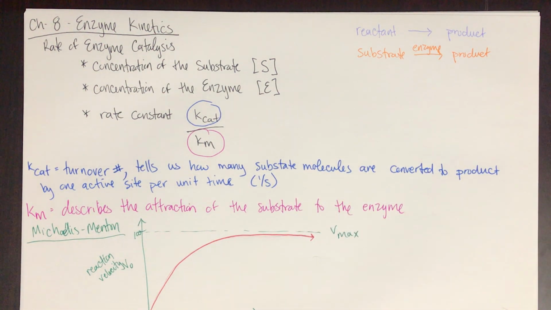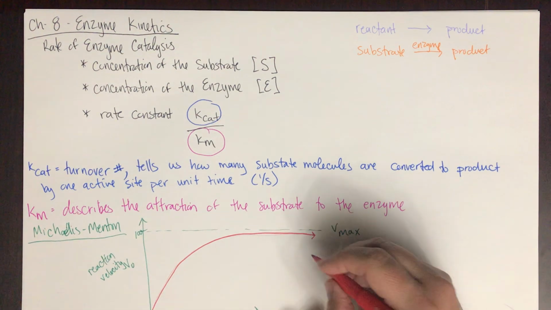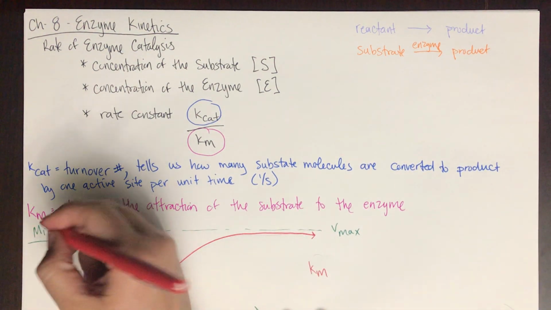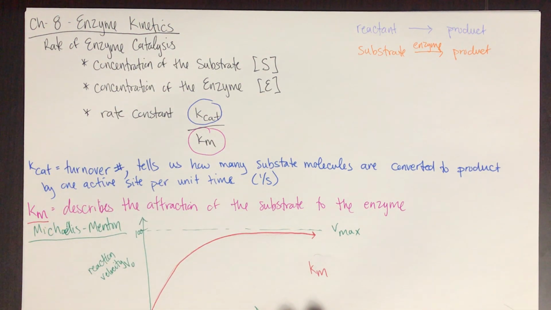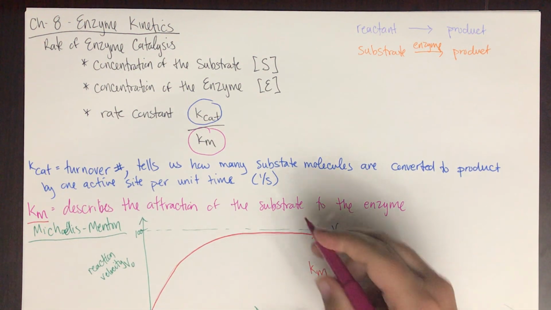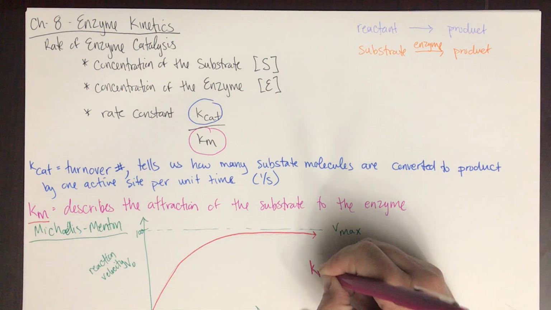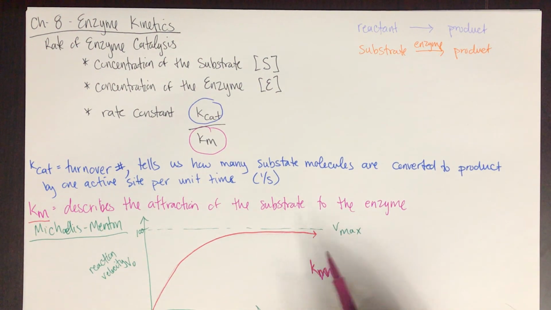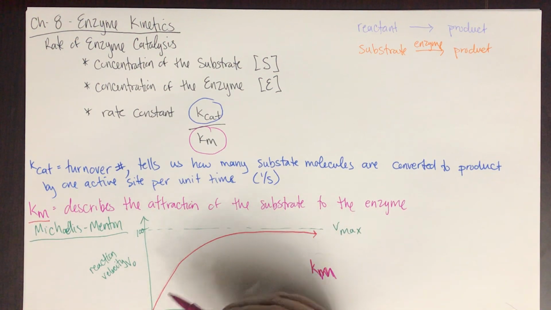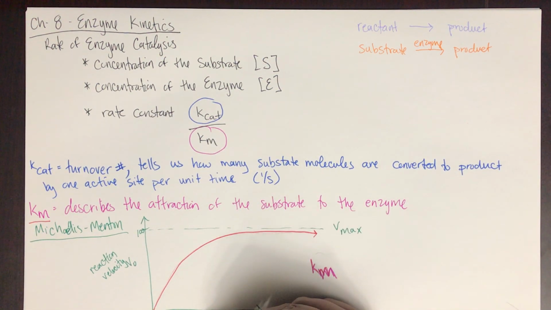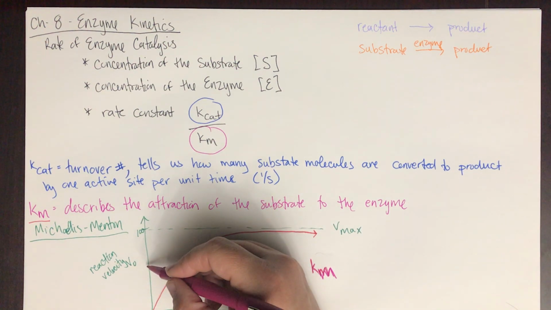So what this tells us, the important thing here is this graph can tell us the value of the Km. So the value of the Km, which we said describes the attraction of the substrate to the enzyme, tells us how attracted the substrate is to the enzyme. What it is, it is the substrate concentration at 50% of the reaction velocity.